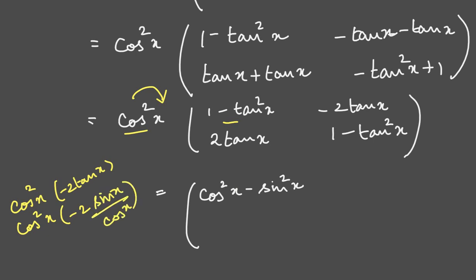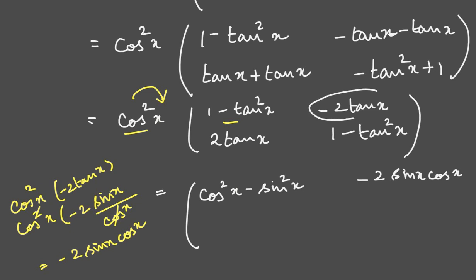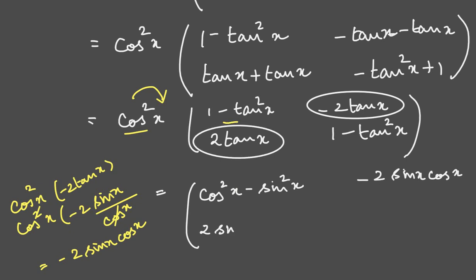Here when cos gets cancelled, we get minus 2 sin x cos x. The next element is 2 tan x, so here also we get 2 sin x cos x.